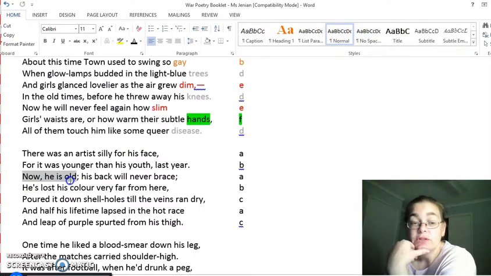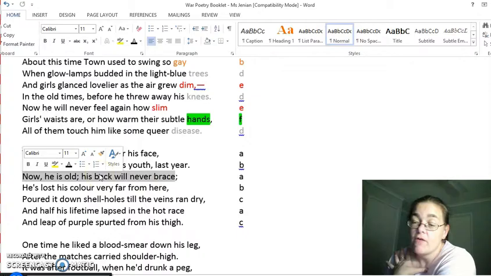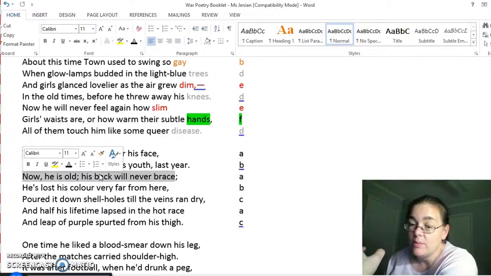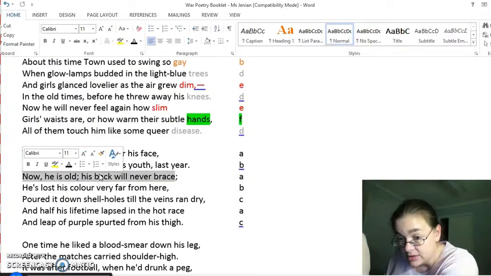Now he was old. His back will never brace. This makes me really think of Dulce et Decorum Est, the first Wilfred Owen poem that we looked at, when he's talking about the way these young soldiers are walking along like they're old men. They're bent double, from carrying sacks, and knock-kneed and shuffling.